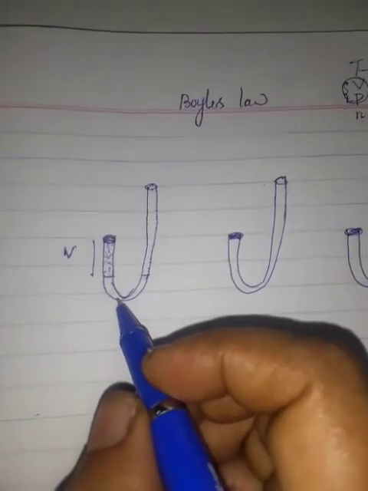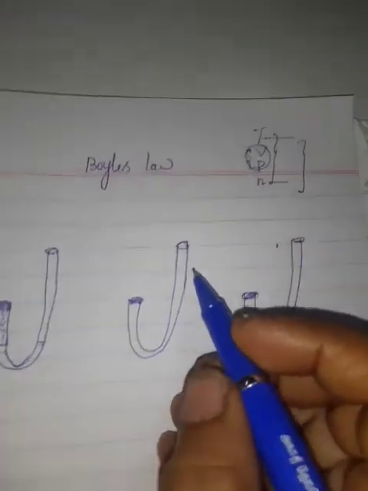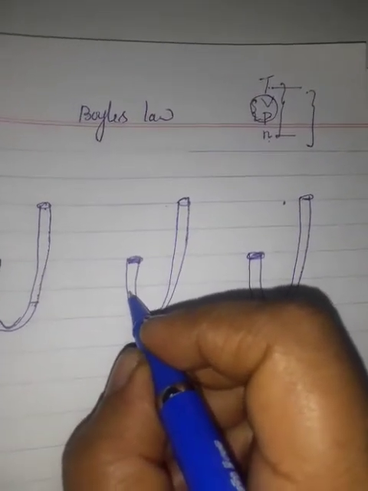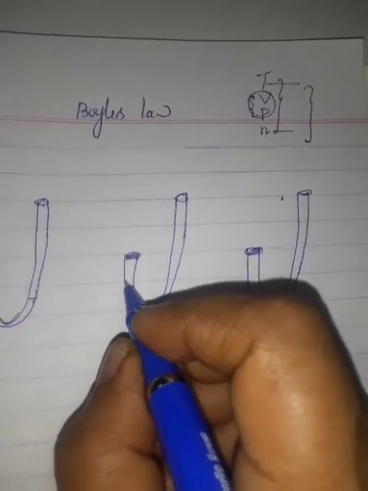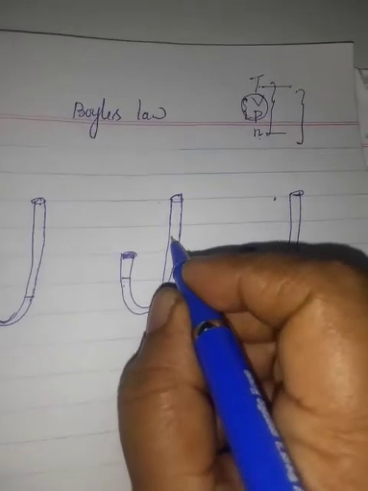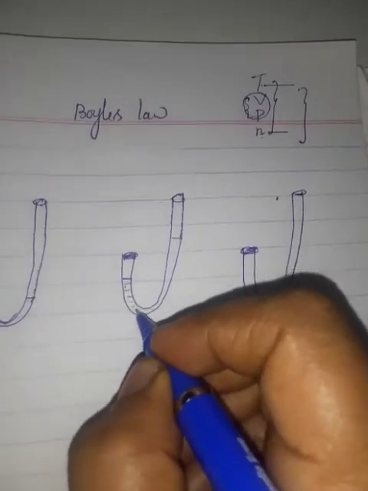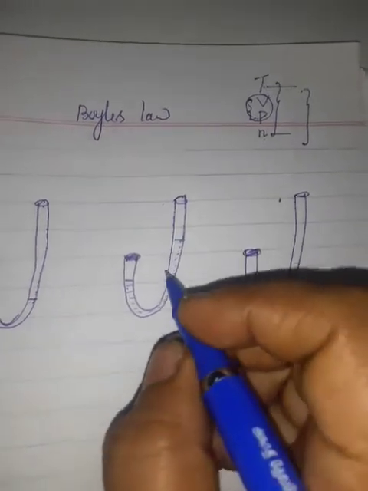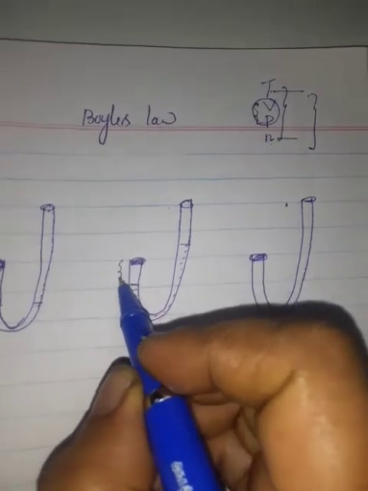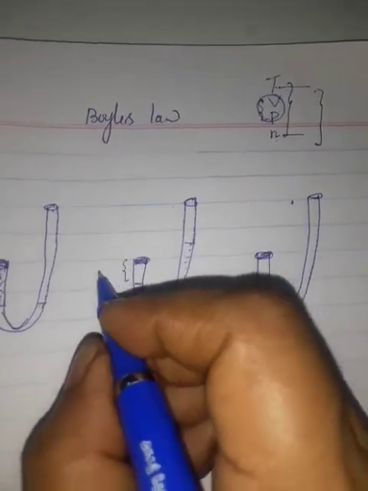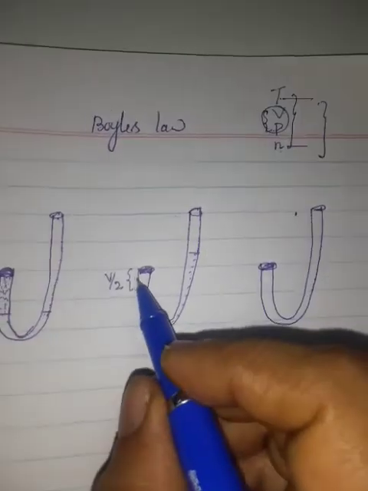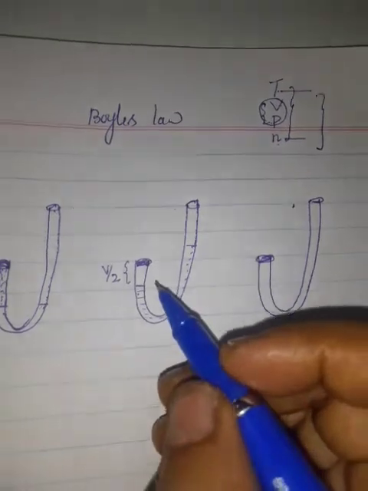Now a little more mercury is added, so the level rises here, and here also the level of mercury is raised, not at an equal level. So what happens here? The volume of the gas is reduced to half when compared to the first volume.